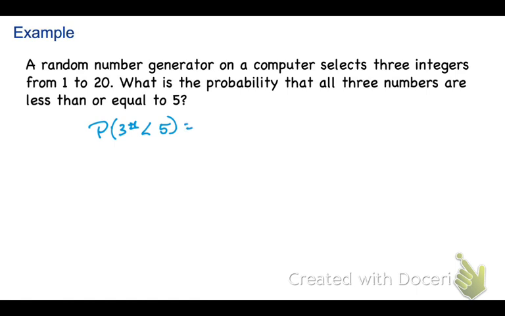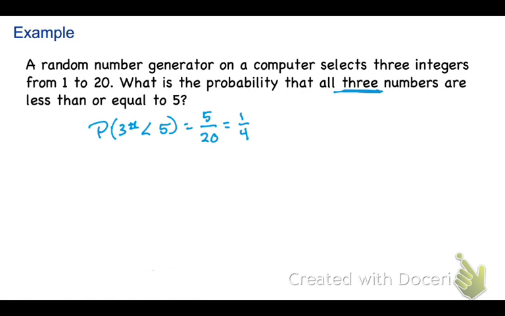Okay, well, 1 through 20, how many numbers are there? 20. Well, how many numbers are less than or equal to 5? 5. So that's 1/4, right? But how many times are we throwing out a number? 3 times, right?